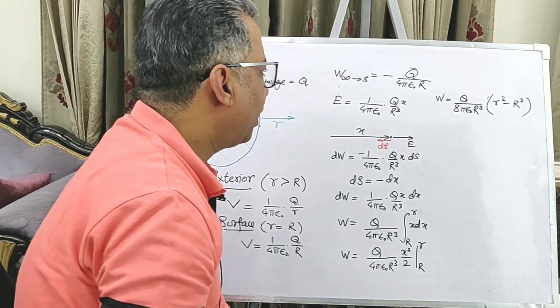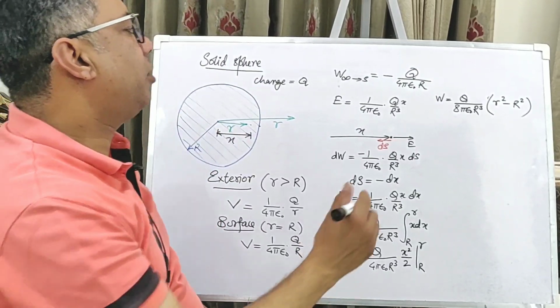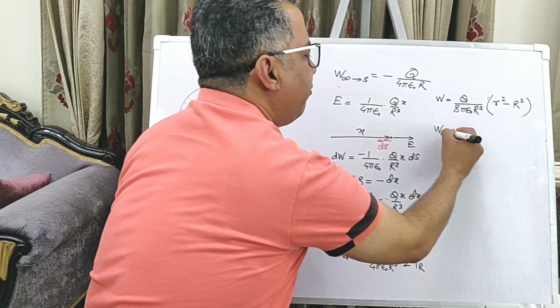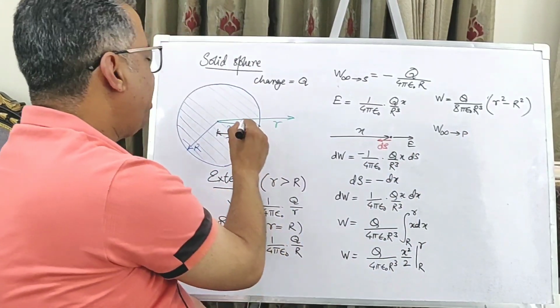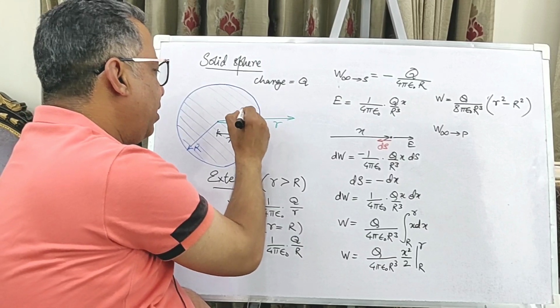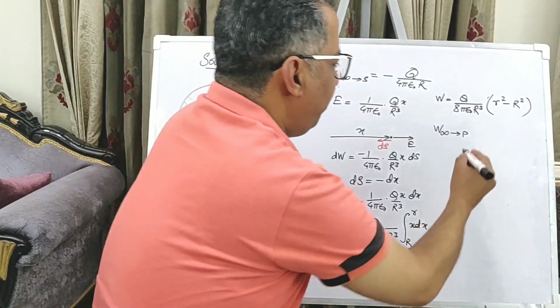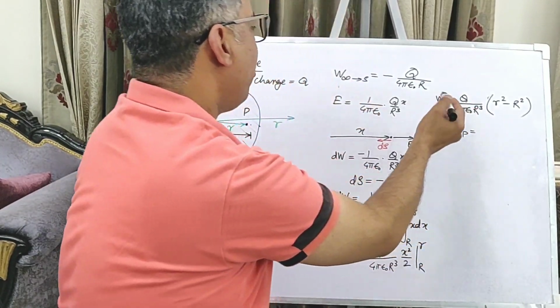That's the work done. So the total work done in moving a unit positive charge from infinity to the considered point, let's say this is point P, will be equal to the sum of these two.